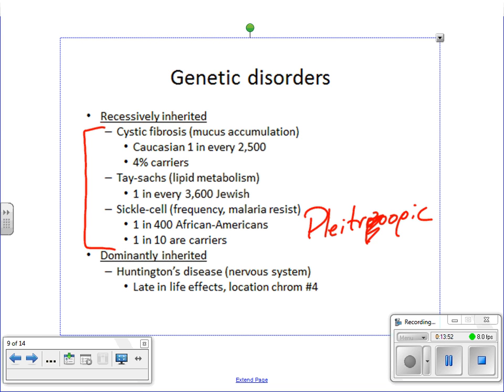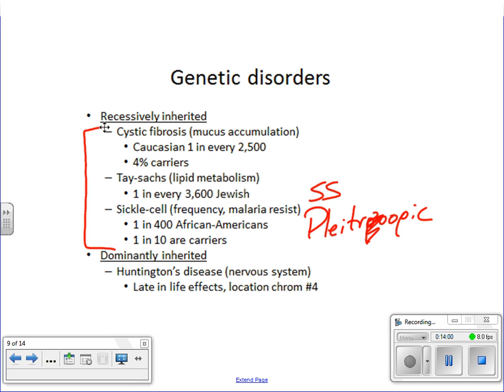So if you are homozygous for sickle cell, you have it and you're going to die. If you're a sickle cell carrier, but you have normal cells as well, you're not going to actually receive any sickle cell symptoms, but you are going to be resistant to malaria.